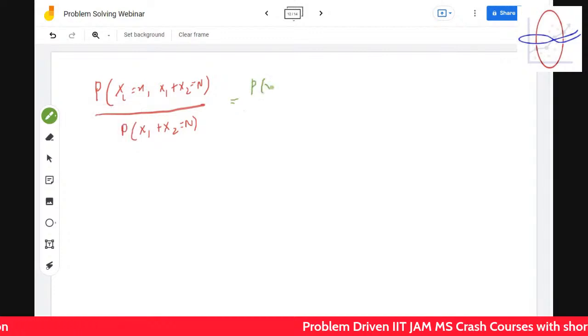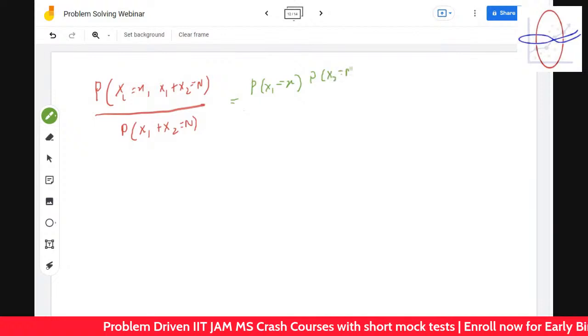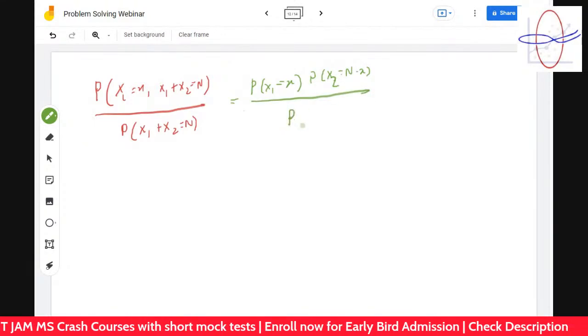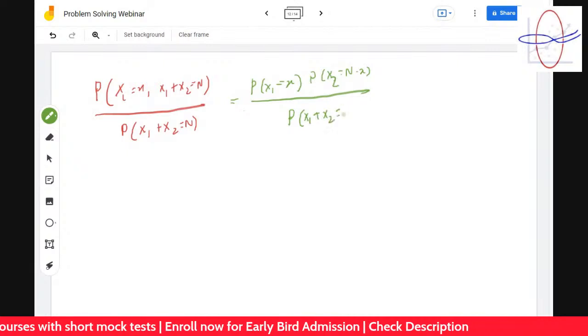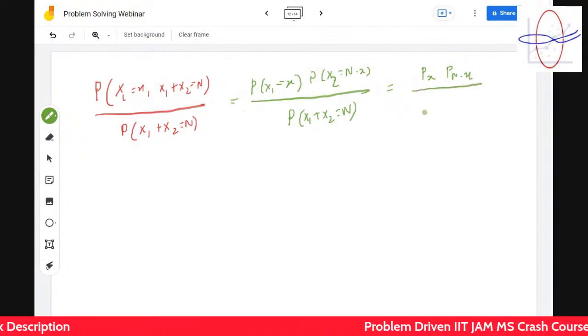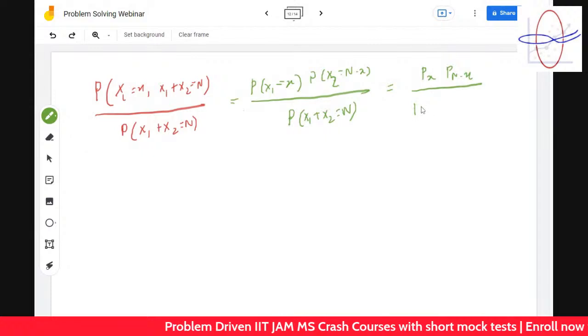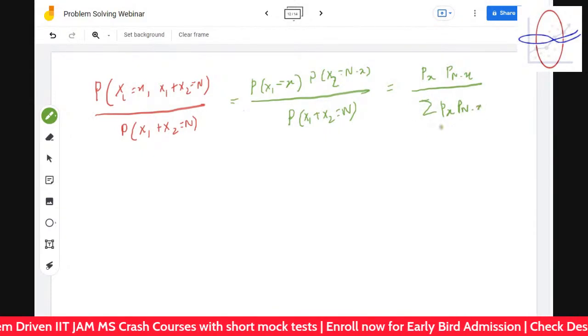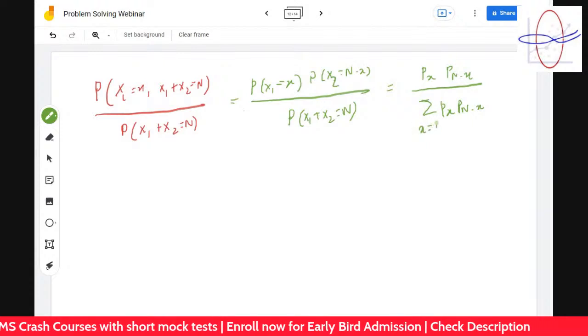Since they are IID, independent, it's this, so you can understand that it's p of x times p of n minus x, divided by the summation of p of x and p of n minus x, x from 0 to n.